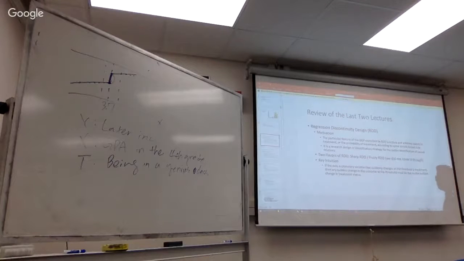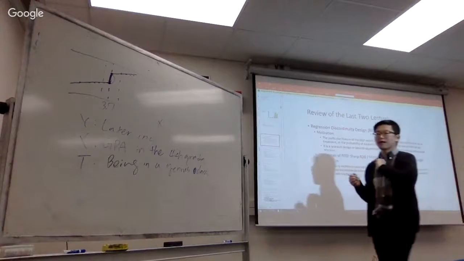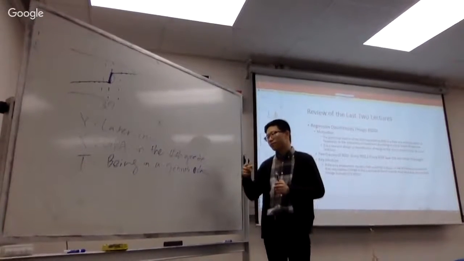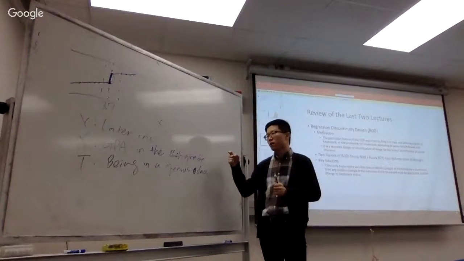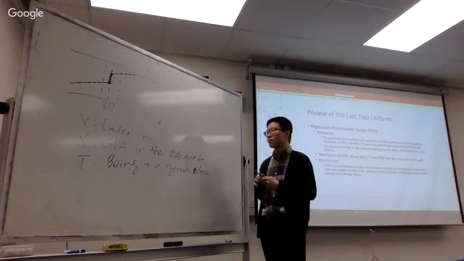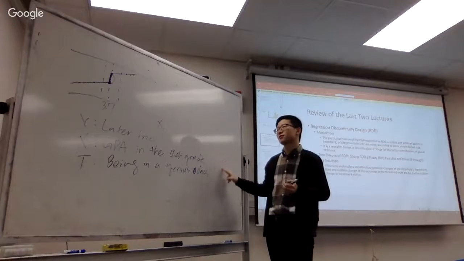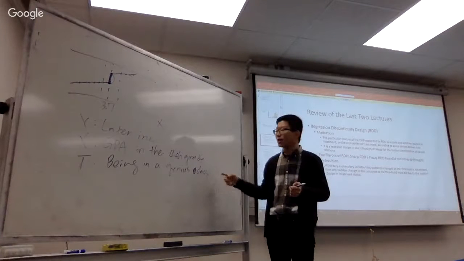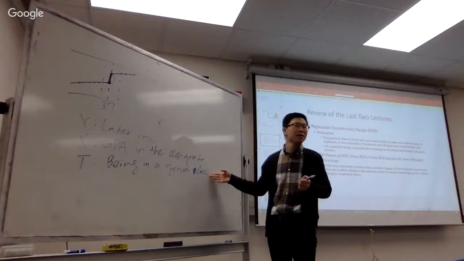There are two flavors of RDD. The first one is sharp RDD. So in this example, sharp RDD would be if you have a GPA more than 3.7, you would automatically be in the genius class.